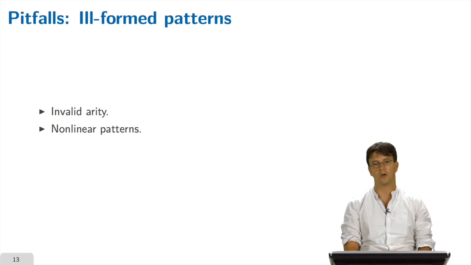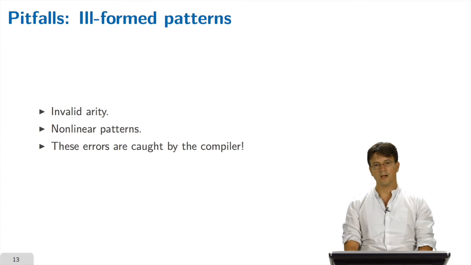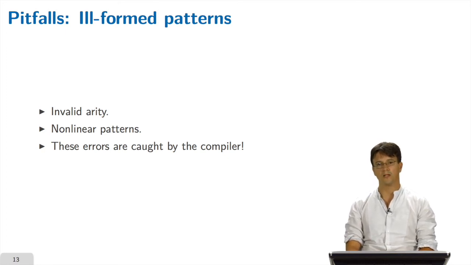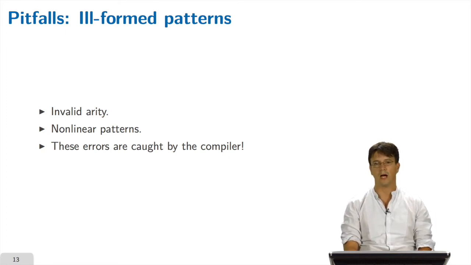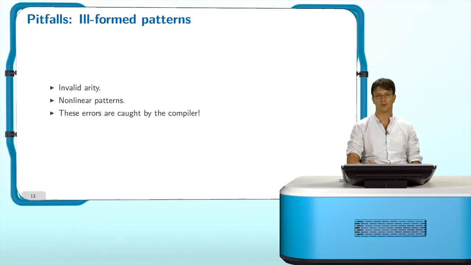This is called a nonlinear pattern. What is nice is the fact that the compiler will catch that kind of error for you at compile time. So you will have the guarantee that your execution of the program will not fall into that kind of problems.